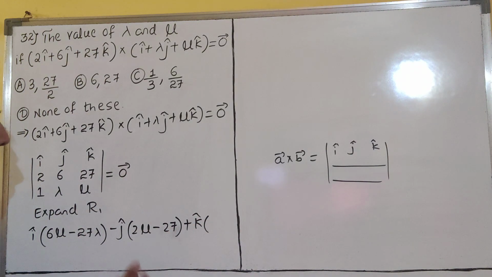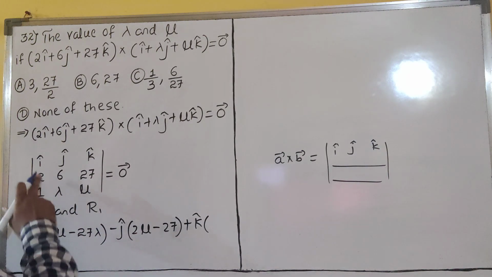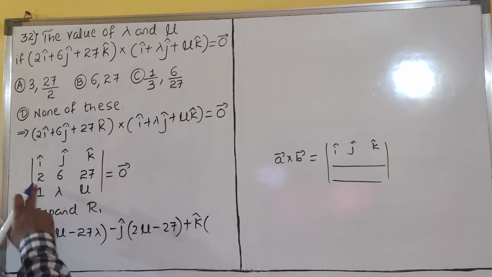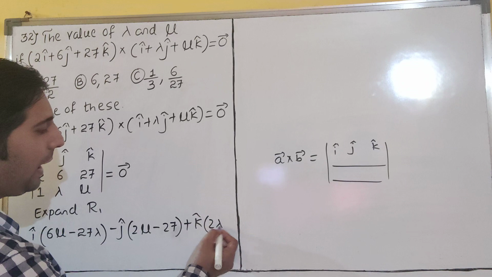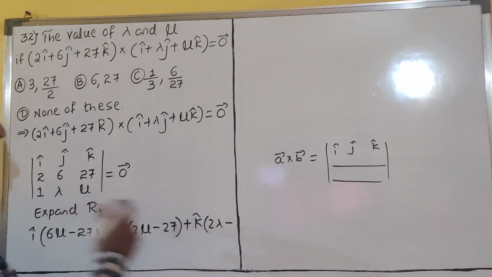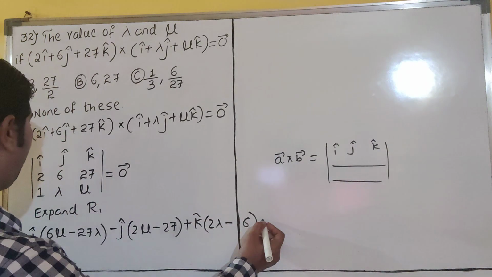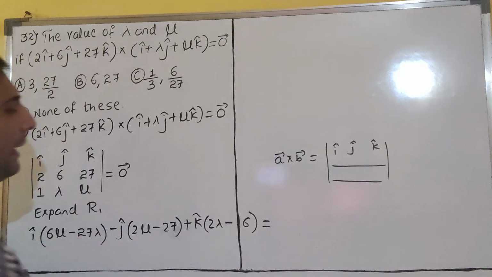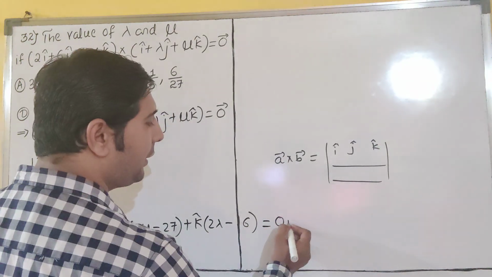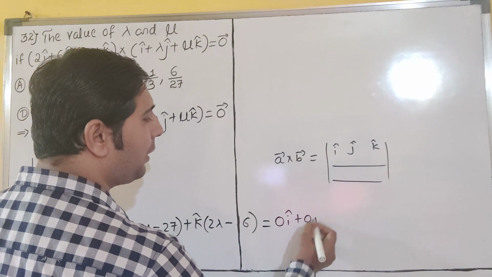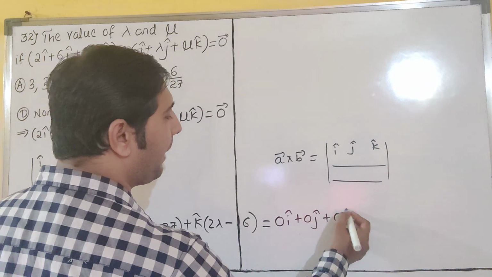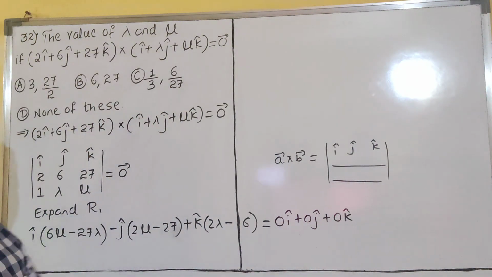Expansion you know, that's why I am not explaining much more. So now see here, first row you leave, last column: 2 into λ, 2λ minus 1 into 6, is equal to the 0 vector. I can write it like this, dear students, 0i, 0j, 0k. The 0 vector we can write like this, yes or no?